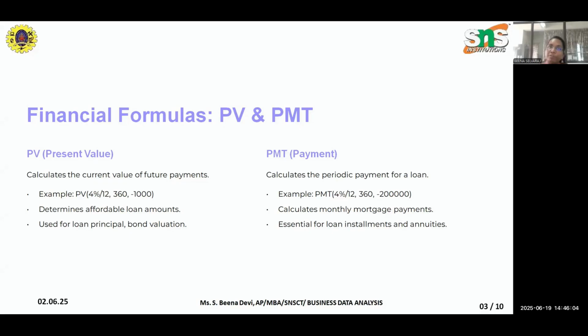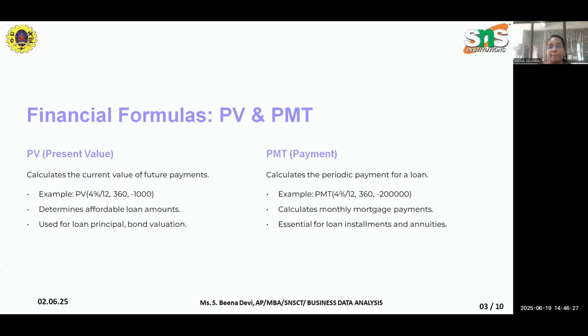If it is 12 months, it is 1 year; if it is 24 months, it is 2 years. So the number of years into 12 will give you the NPER value, and the EMI value, say 1,000 rupees. When you enter all these three details, you can get the present value for which you are going to avail the loan.